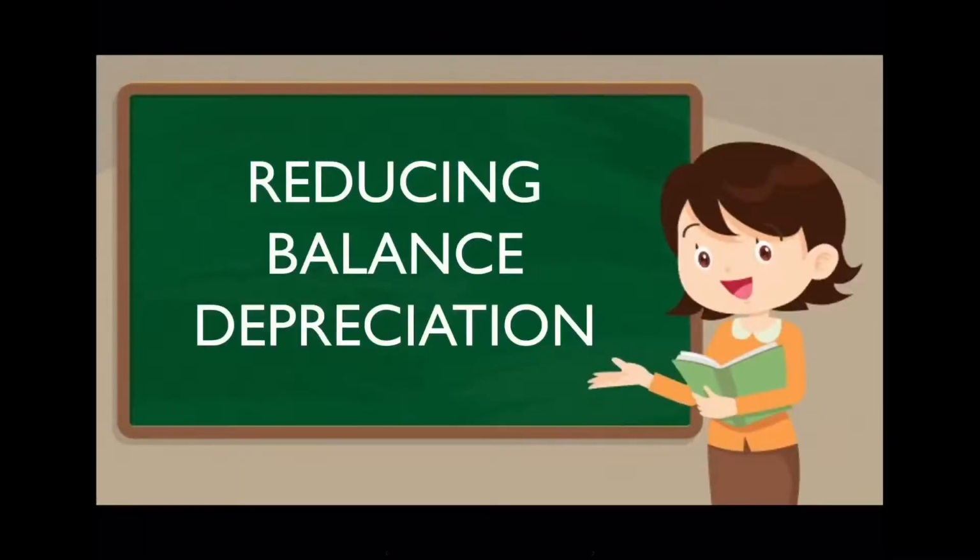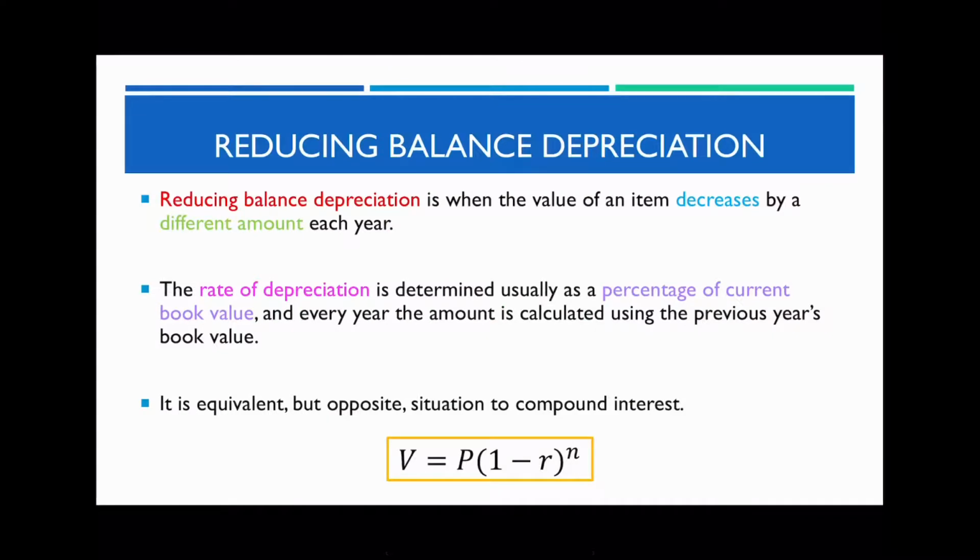What we're going to be looking at now is something referred to as the reducing balance depreciation. Most questions, and this is also going to be asked in your post-test as well as CAT, often look at the reducing balance depreciation, okay? The reducing balance depreciation is when the value of an item decreases by a different amount each year. Remember, with flat rate it goes down by the same amount, so that's why it's flat.